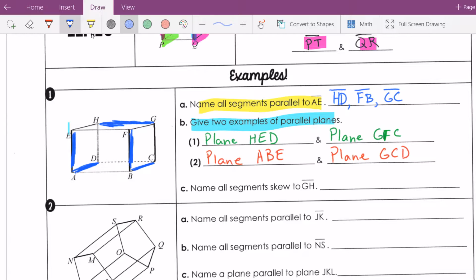That would be parallel. DC would also be parallel, and the same thing with AB. So these are the only ones that actually work here, and again, those would be EA, AD, FB, and BC.